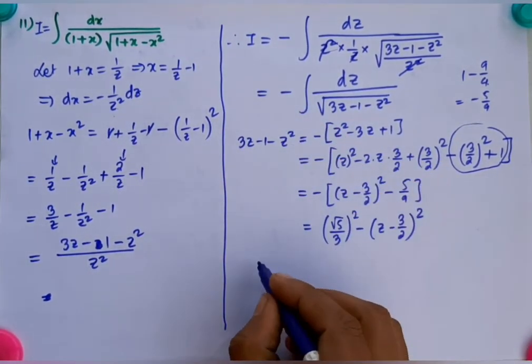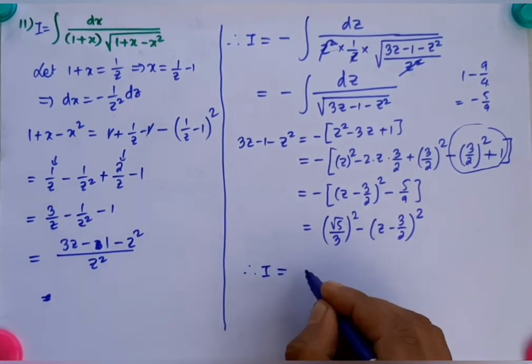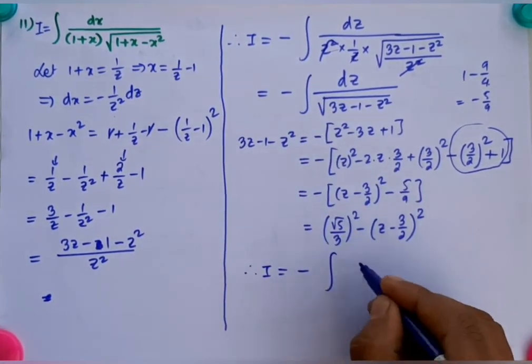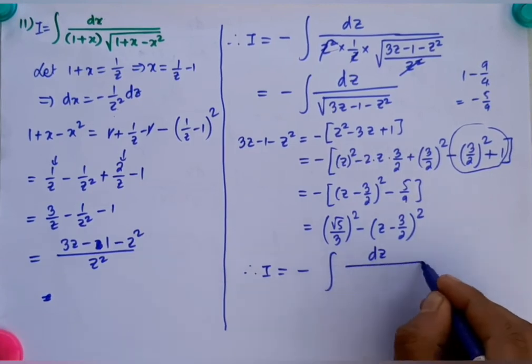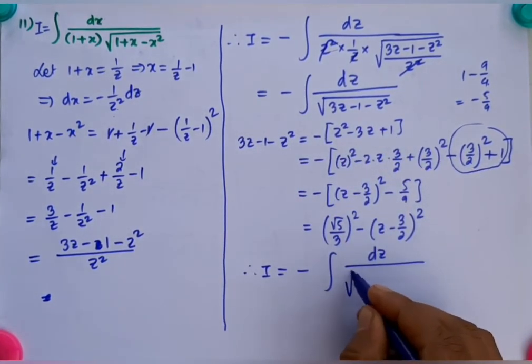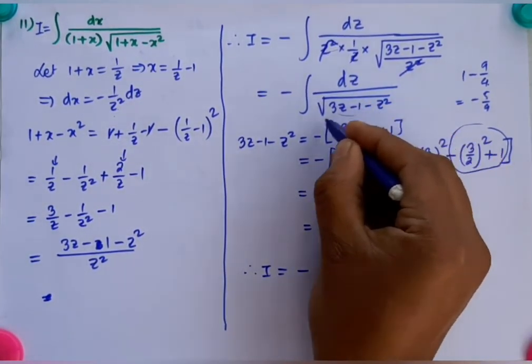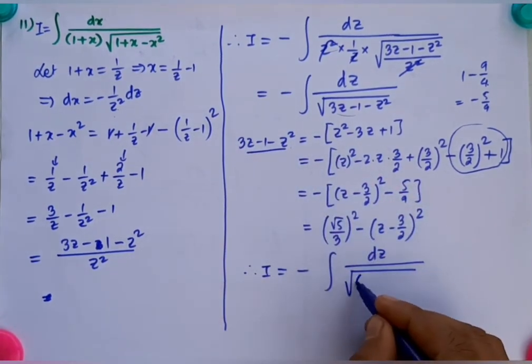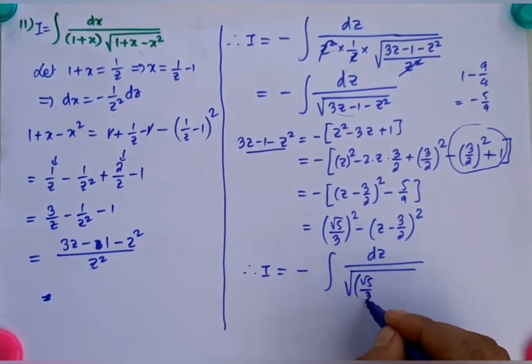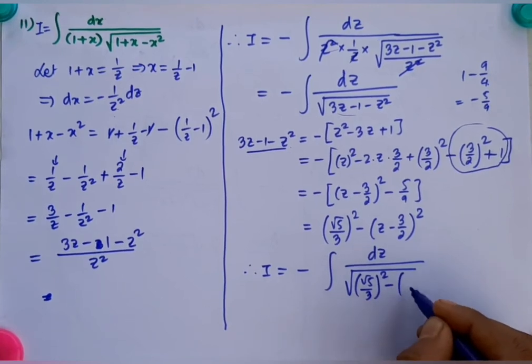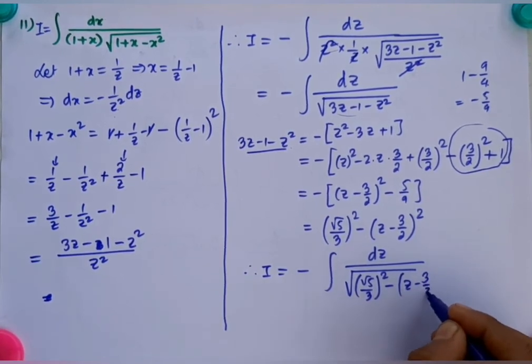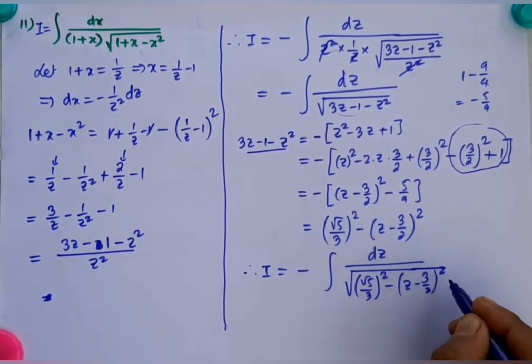That means your integral I can be written as negative of integral dz by square root of this, which is root 5 by 2 whole square minus z minus 3 by 2 whole square.